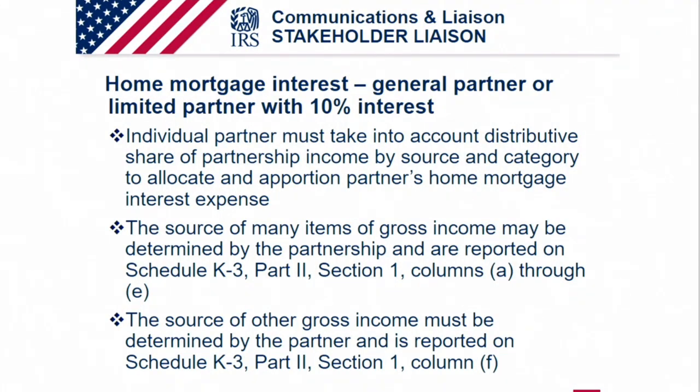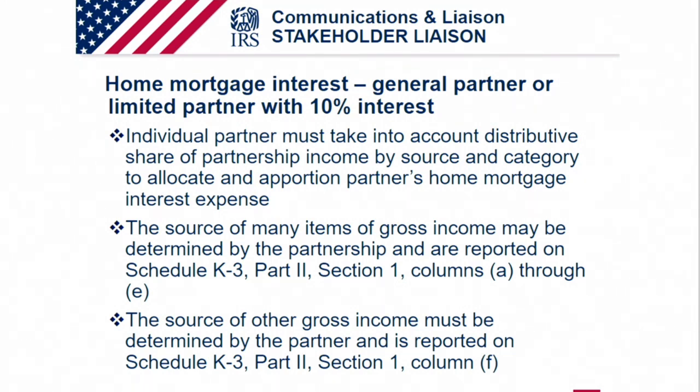To apportion home mortgage interest expense, an individual who is a general partner or limited partner with at least 10% ownership must take into account his distributive share of partnership income by source and category.